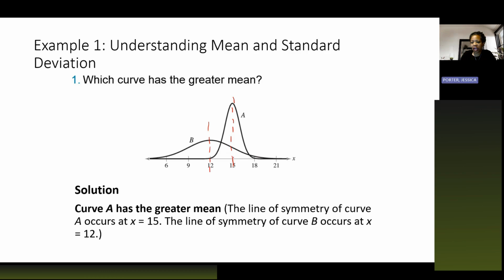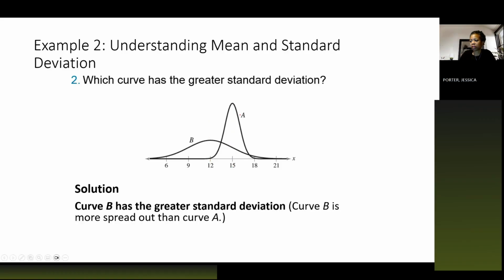So we know that curve A would have the greater mean. And then which curve has the greater standard deviation? Well, that's curve B, because it's more spread out. That means the standard deviation is greater.